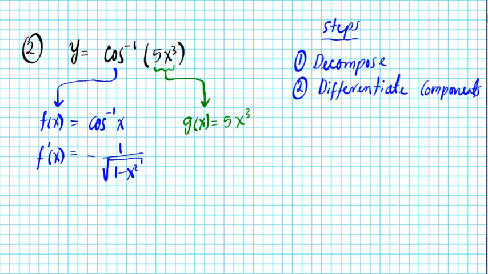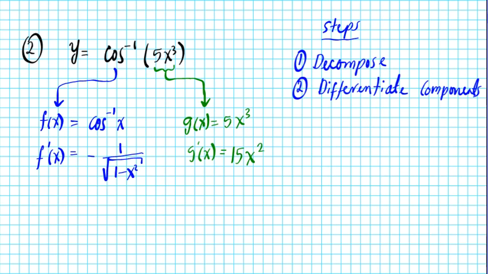And then you differentiate the inner function, g prime of x, which is 15. You bring the power down, but there's already a 5 there, so 5 times 3 is 15. X to the, you mark down the power by 1, 15x squared.